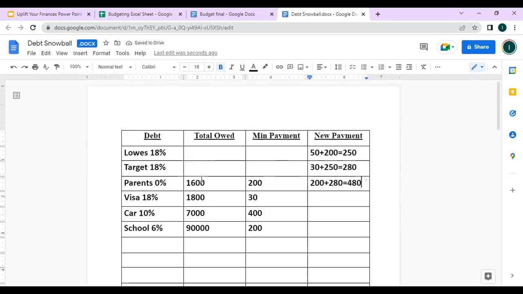And then he's going to use the 480 to pay off the 1600, which he's going to pay off in less than 4 months. So this is going to be gone in 4 months. And he's going to take that 480 and add $30 to it. So 30 plus 480 gives him 510.